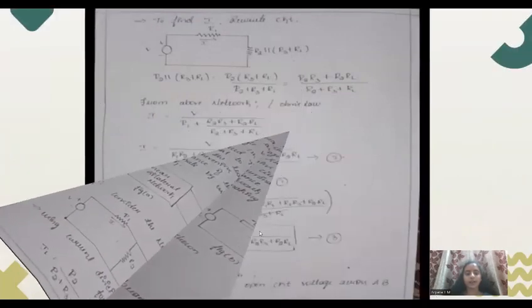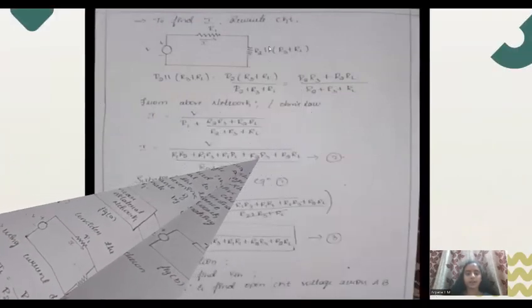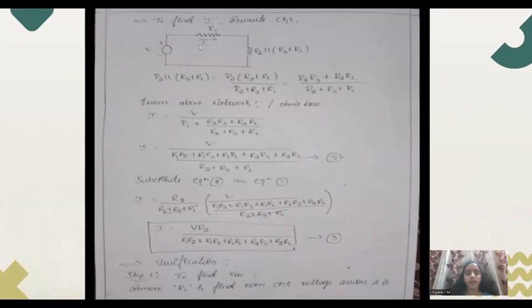In order to find the current, I will rewrite the circuit. Here we can observe that R2 is in parallel with R3 plus RL. While simplifying, we get R2 into R3 plus RL divided by R2 plus R3 plus RL.